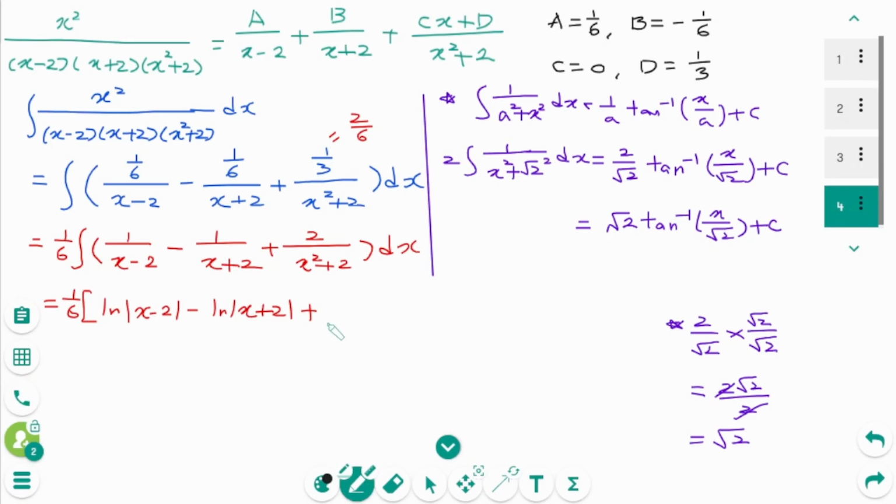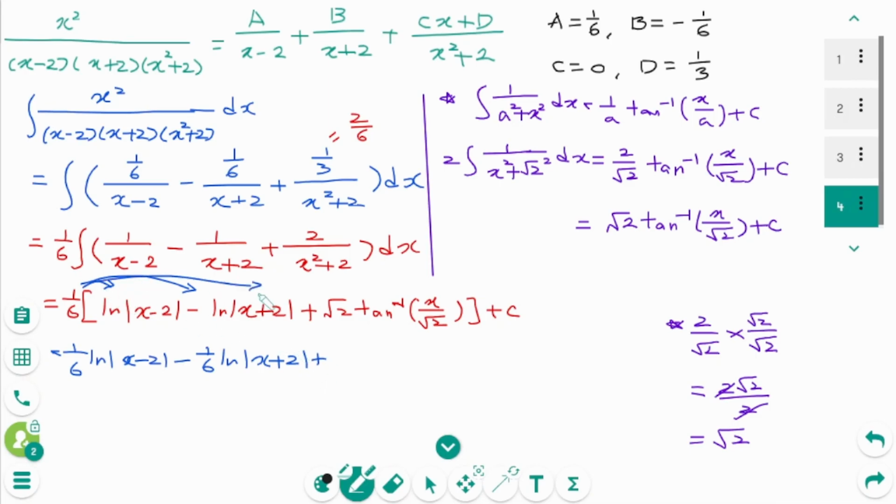Then back to the original, this part is square root of 2 arctangent of x over square root of 2 plus c. Then we can expand. The first one is 1 over 6 ln of the absolute value of x minus 2, minus the second one, 1 over 6 ln of the absolute value of x plus 2.